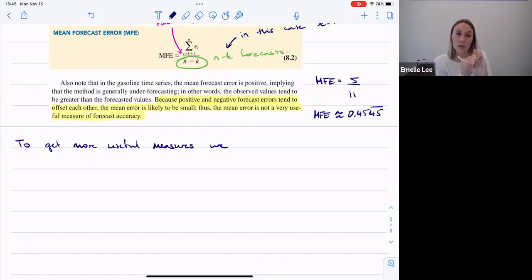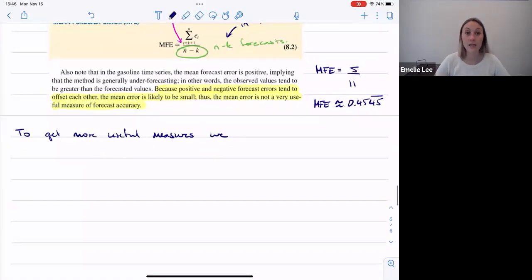Another way is to square the values. We'll look at both of those options, and then we can look at it as a percentage as well. But first, let's focus on the absolute value and the squared values.